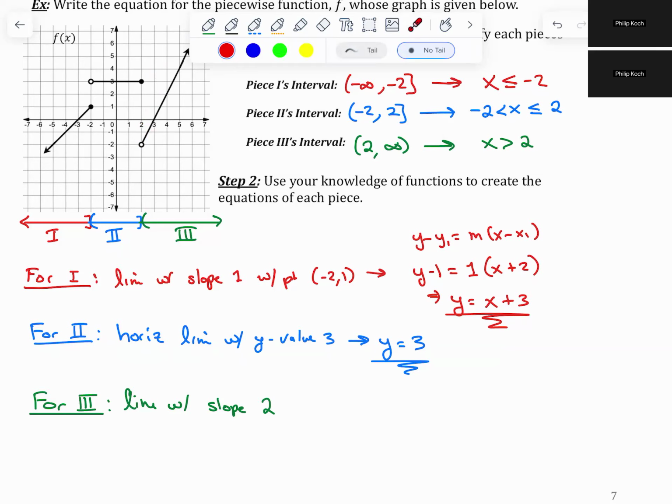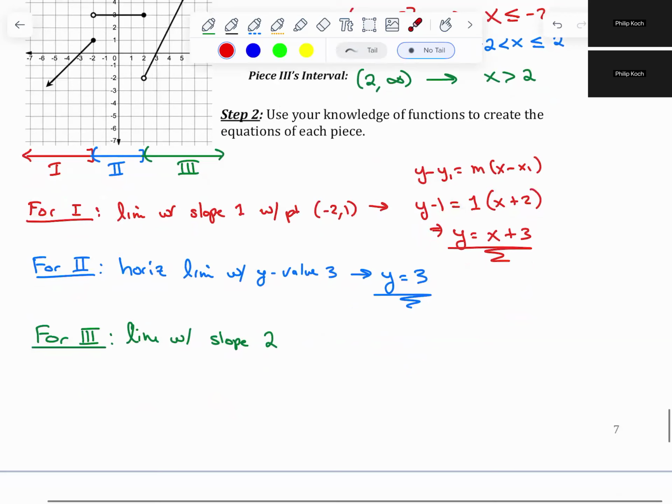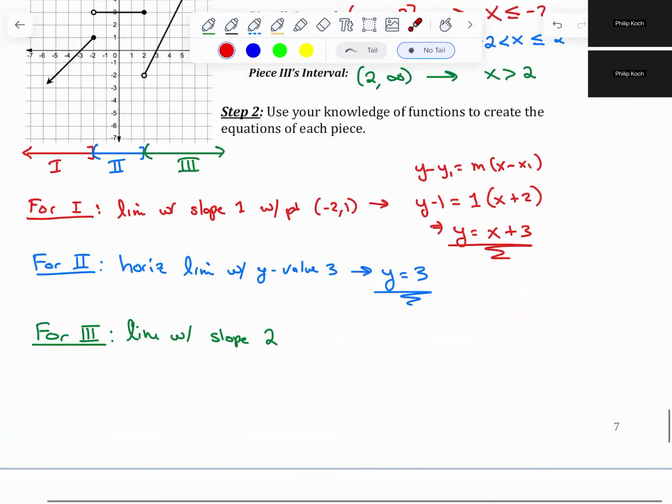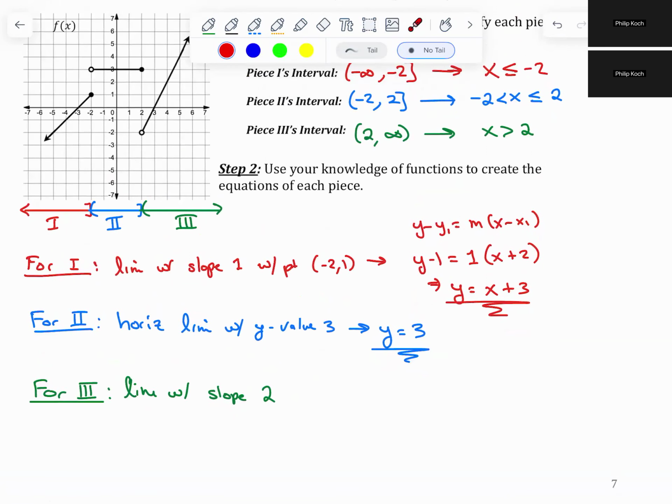And you might be saying, well, can you use the point 2, -2? Yes and no. It's not actually a point on the piecewise function, but if you're looking at just the equation of that line, it is a point on it, so you could use that point. Line with slope 2, but you can also use point 3, 0.